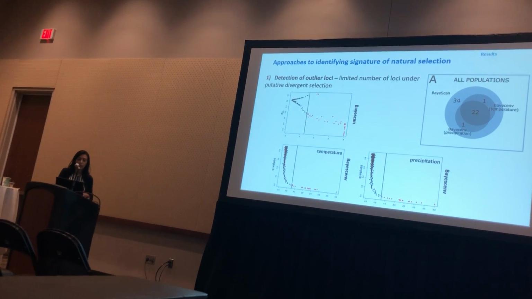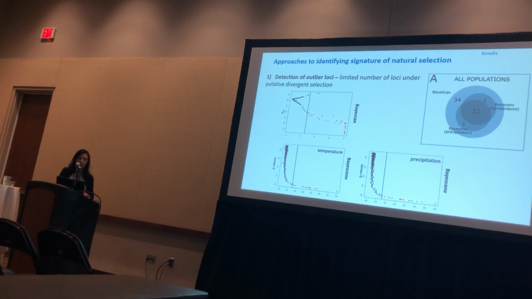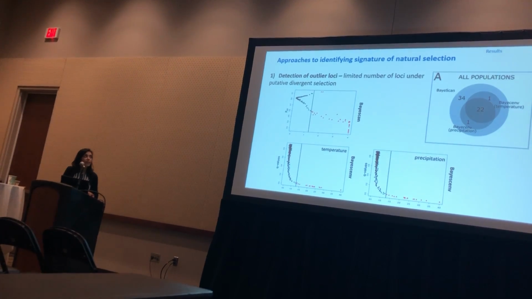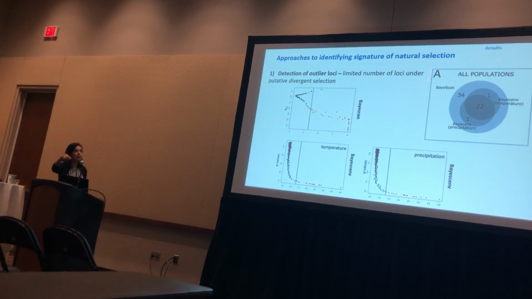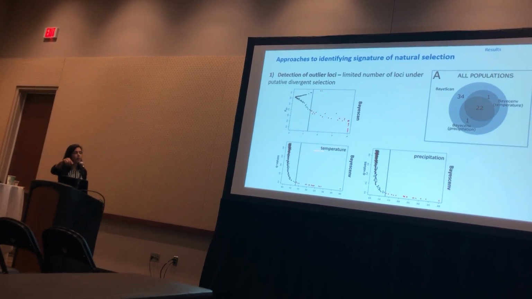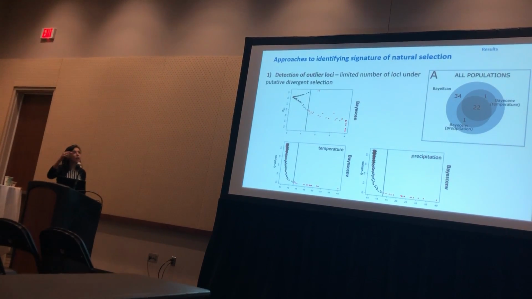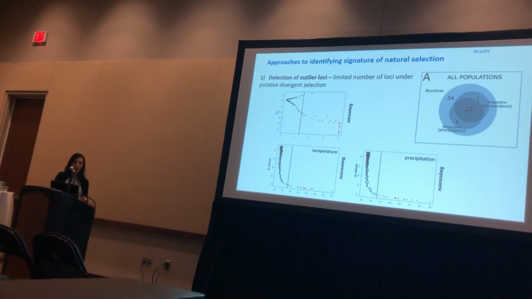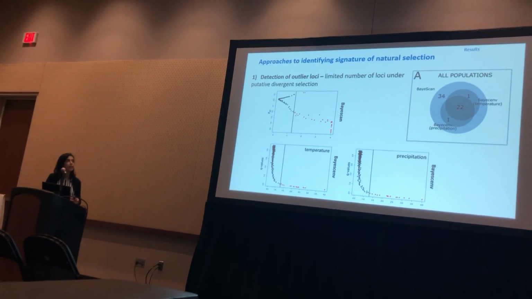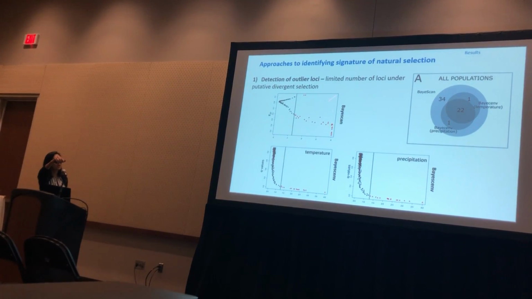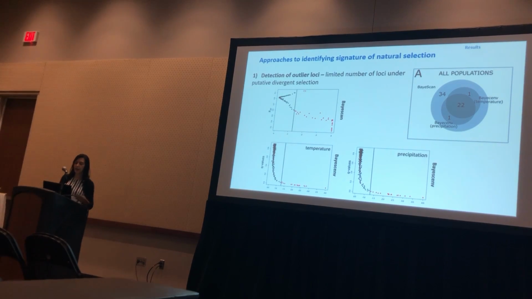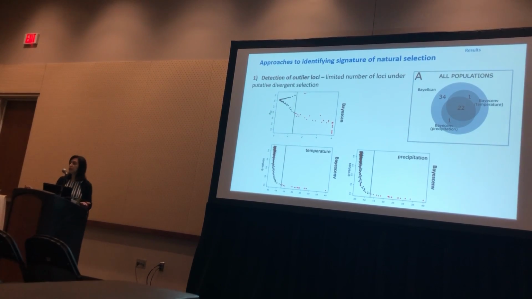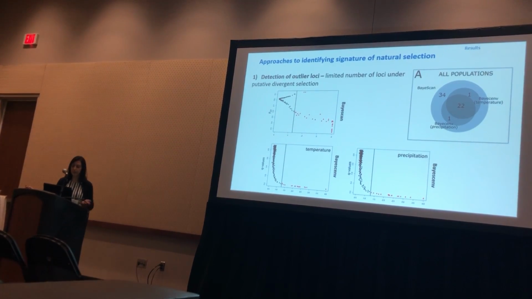The first was detection of outlier loci. We used BayeScan and BayeScEnv, using temperature and precipitation. And we found a very limited number of loci under putative divergence, only 2 in BayeScan only. In total, there were 34 outliers, and 22 of them were also detected with BayeScEnv.